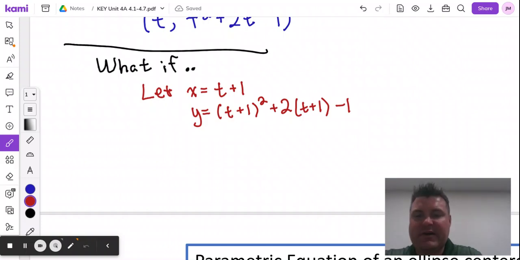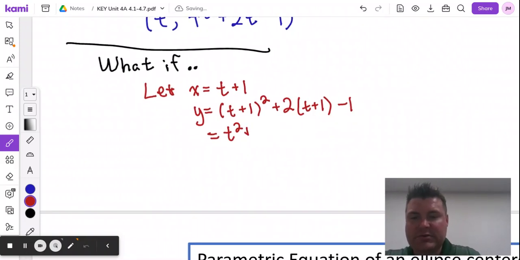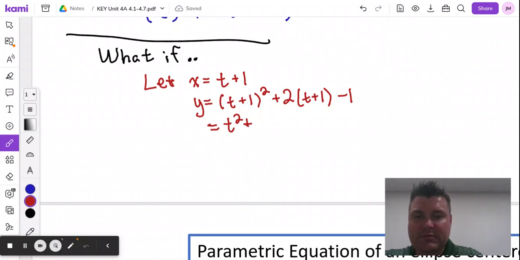Expand that and solve. I'm going to tell you right now that this is equivalent to t squared plus 4t plus 2.